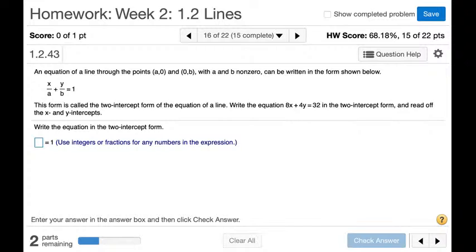Okay, let me see. That was going to require more thought than I want to do for the allotted time. Let me think about it. Write this equation and read off the x and y intercepts.